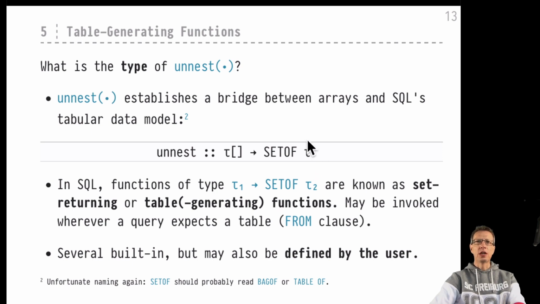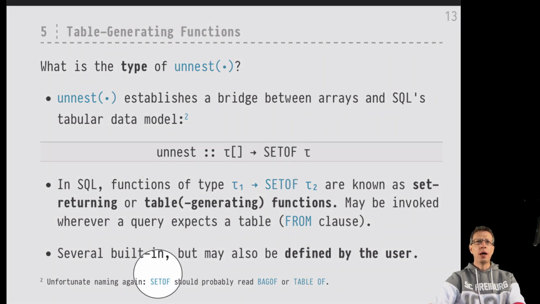Okay, so these taus are viewed as rows over which we can iterate, and we could just use the regular SQL constructs to iterate and to consume the result of unnest. Again, there's a bit of unfortunate naming going on here. So set of tau is an okay name, but maybe bag of tau or table of tau would have been a better name, because this is actually what we are getting.